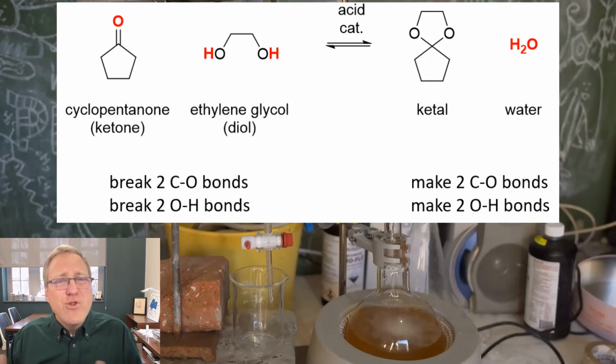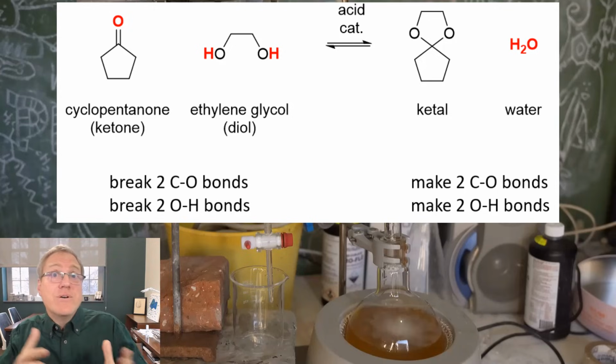So we have to do something to this reaction. What we're going to do is remove one of the products of the reaction. This reaction will establish an equilibrium, and we'll get about equal amounts of everything because there's no meaningful energetic difference between the starting materials and the products. But as we form water, if we have a trick to remove the water, that will cause the reaction to drive to the right and form more products.